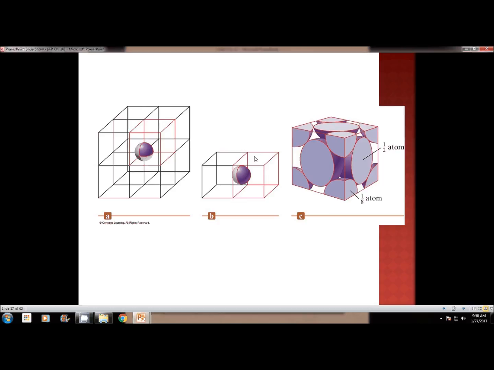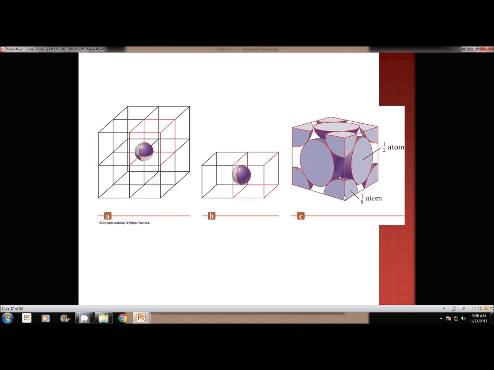If you notice, on a cube we have 8 corners, right? And there's 1/8 of an atom that is inside the cube for a unit cell at the corners. So in our unit cell, from the corners that have 1/8 of an atom in there, there's 8 corner pieces.